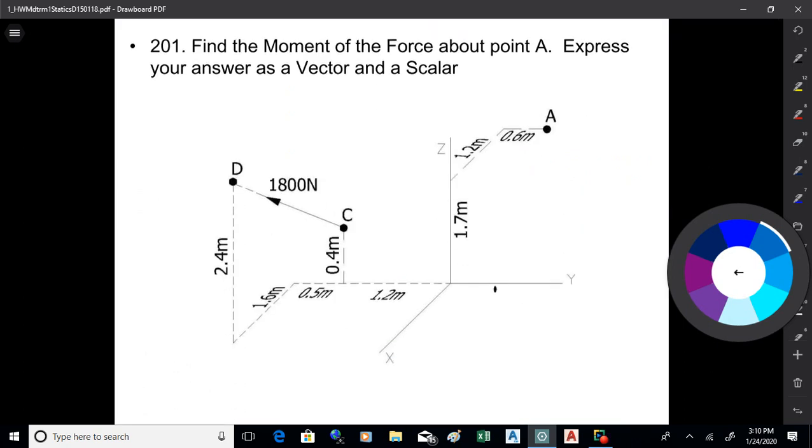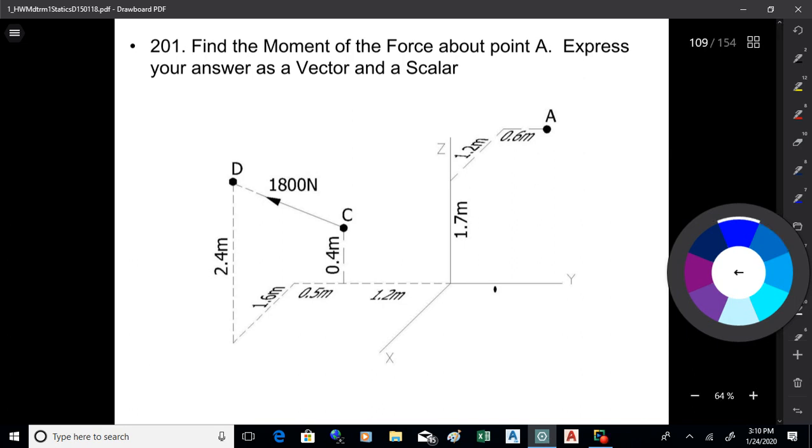This is what we were touching on Friday. This is a 3D one, so I tend to use a more formal approach on this. This is a 3D vector problem. So the deal on this is you want to find a force vector and find a position vector that goes from the point to the force and then cross them, R crossed with F. That's how you would figure this one out.